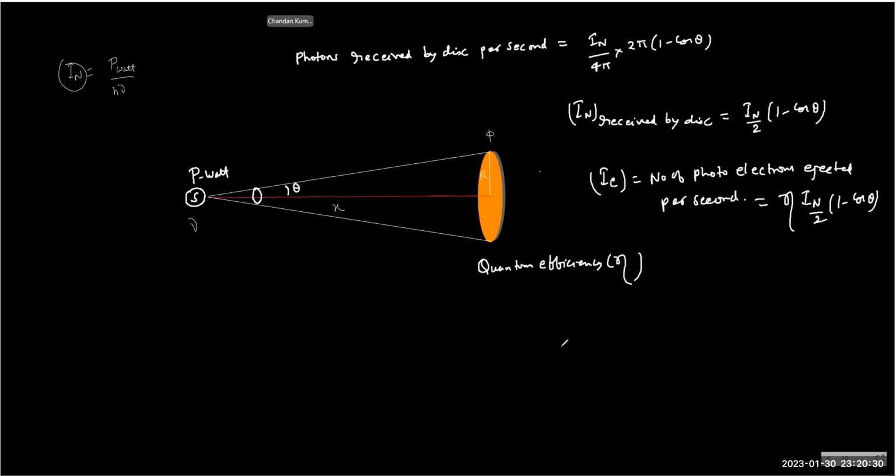Okay. So the charge on the disk will be how much? As a function of time, I times t, times e. Okay, yes, sir.